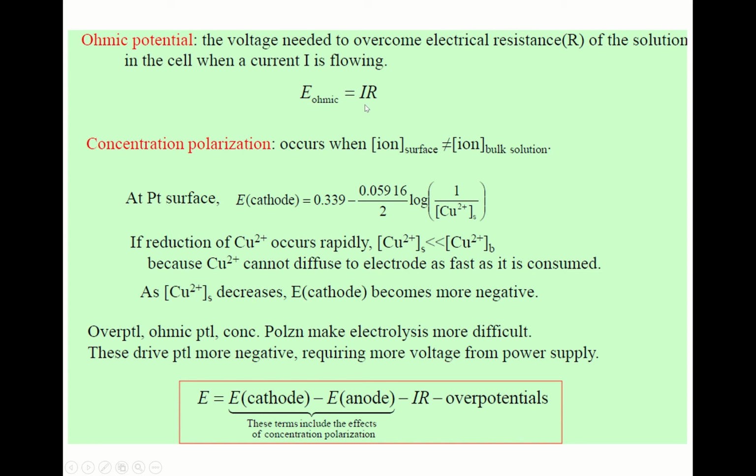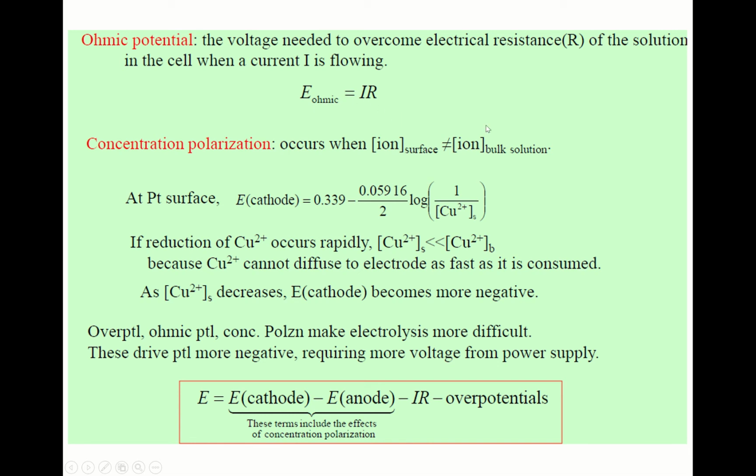So when current flows, there is a potential drop due to this equation, I multiplied by R. This is simply Ohm's law. Determined by Ohm's law, this ohmic drop is a pure loss of potential.